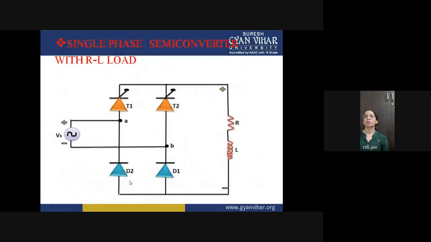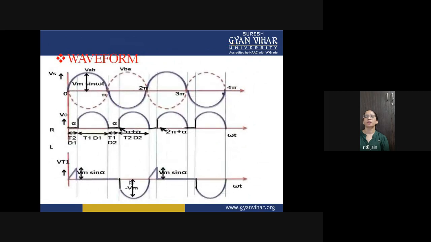If you talk about the RL load, you can easily draw the waveform for this load, and you will get this waveform. So what is the difference between RL and RLE load? You are adding an extra component, which is the freewheeling diode, and the freewheeling diode will conduct when the supply voltage is cut, and the current will flow through the freewheeling diode and load.